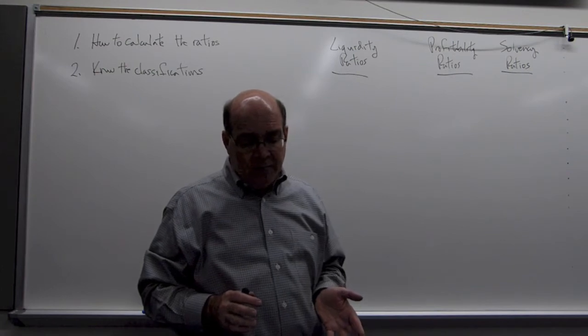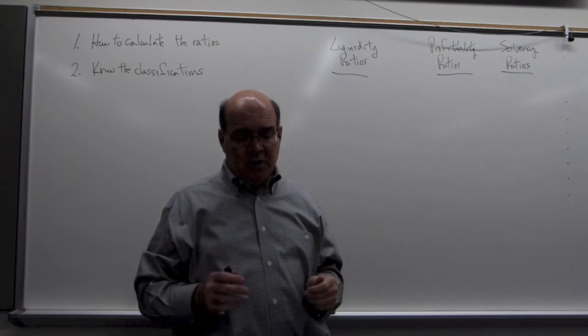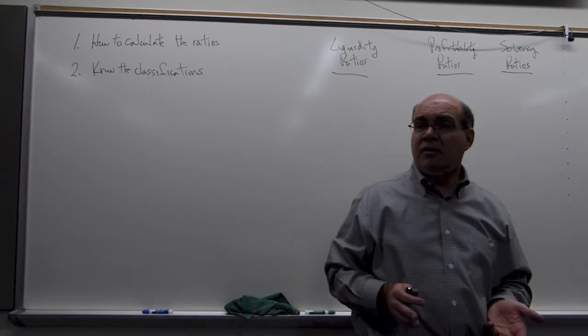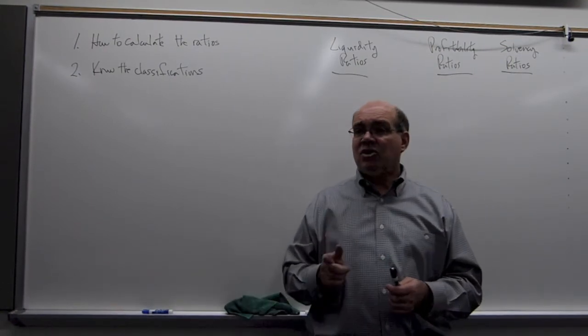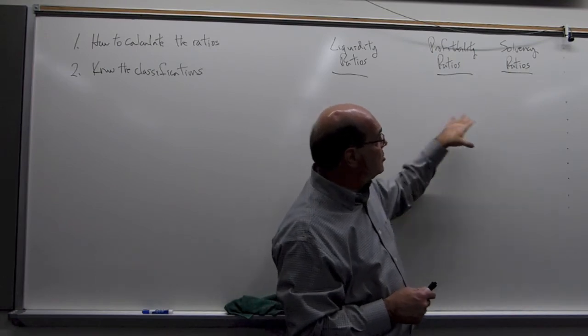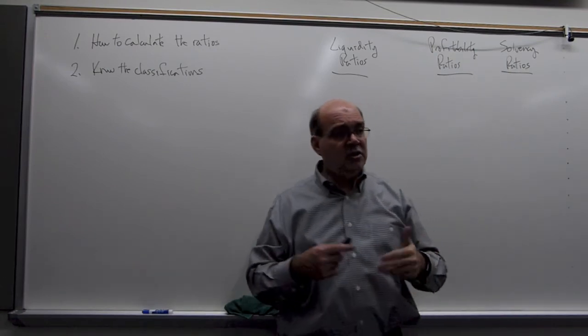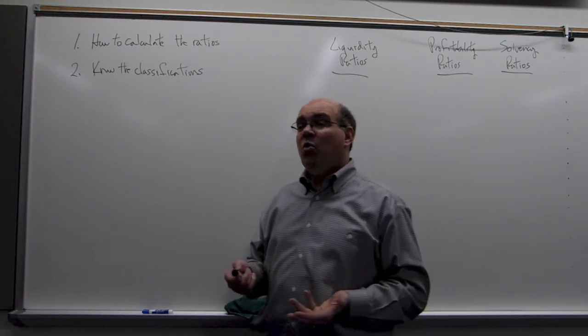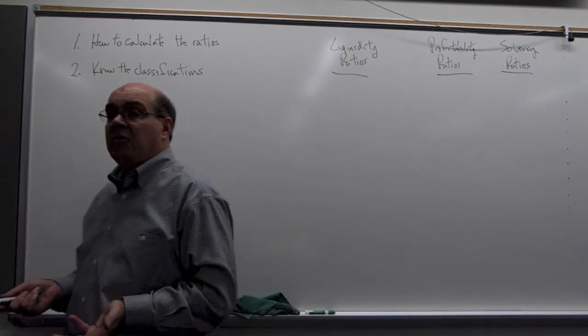I might say, hey, if you were concerned about the company's ability to survive over a long period of time, which one of these ratios would you want to calculate? And you need to know, oh, he's asking about solvency. Which one of these 4 ratios are one of these 2 solvency ratios? So you see what I'm getting at? You can always look up the formula, but I want you to know which ratio you want to use to calculate which attribute.